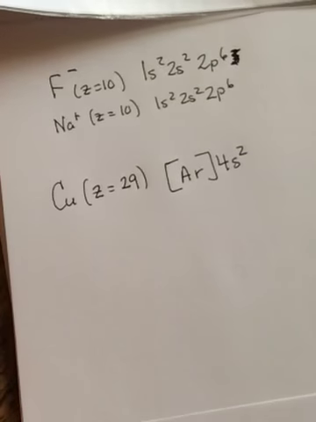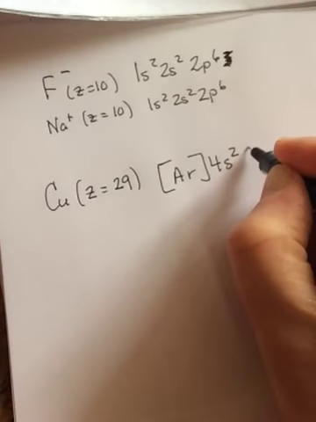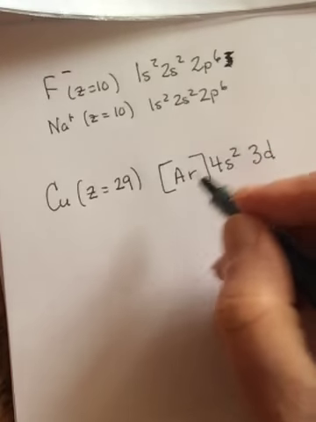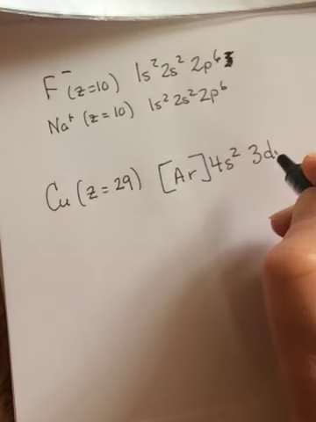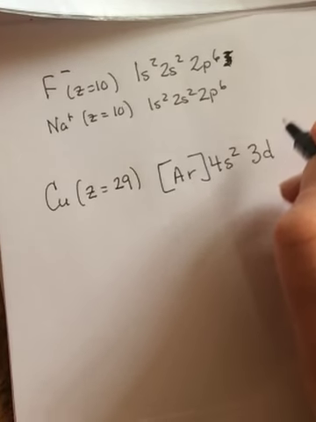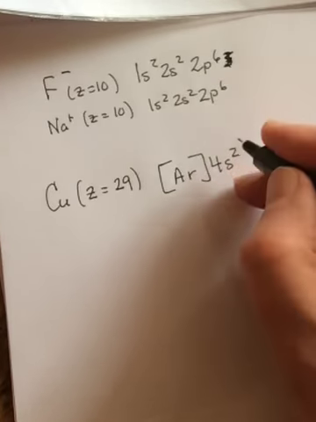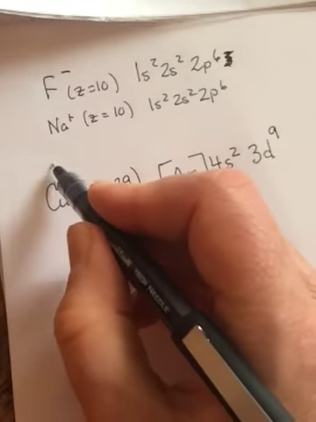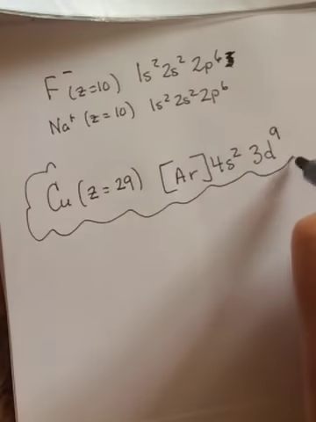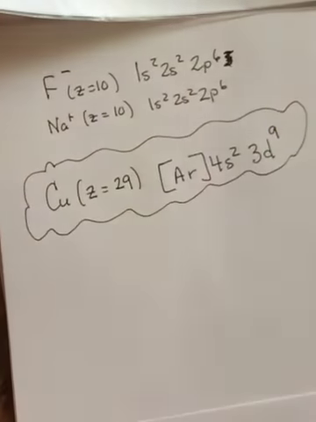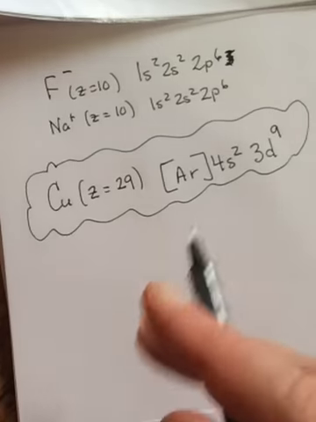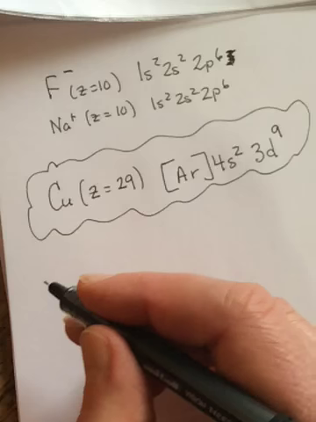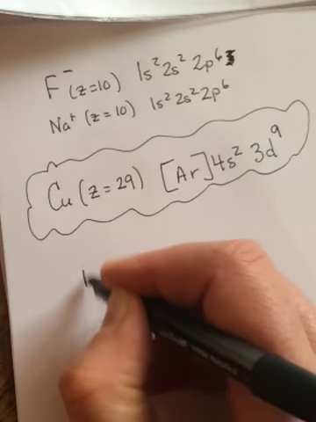And then after 4s2, according to Aufbau's diagram, is 3d. We need 9 more because it was 18, 19, 20. So 3d9. Now, in reality, this is how we're going to leave this answer for right now. It's not quite correct. There's an exception here, but we'll get back to that. That's what we're going to do today, the exceptions. And all 3 of these are exceptions, actually.